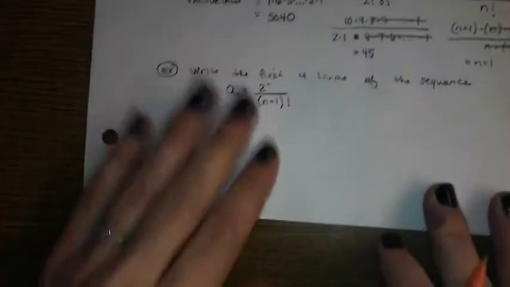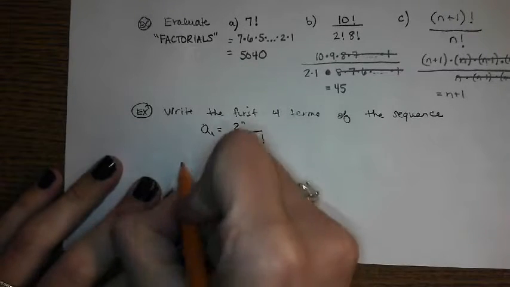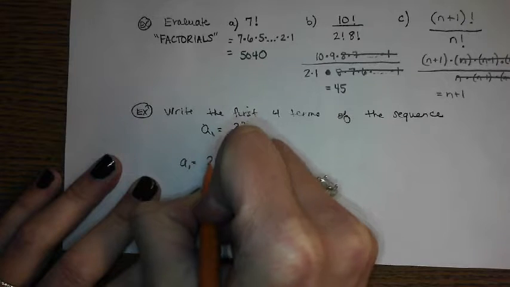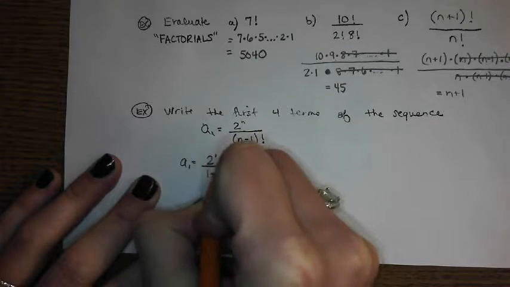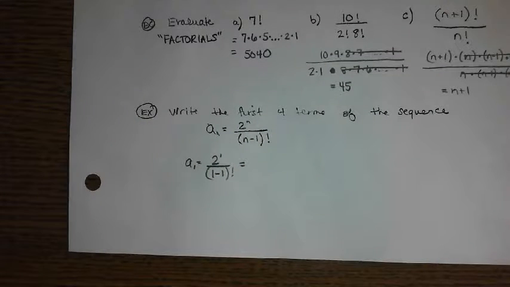All right, and then a sequence. This one is an explicit sequence, but using a factorial symbol. So a sub 1 is going to be 2 to the first over 1 minus 1 factorial, which we have to talk about.